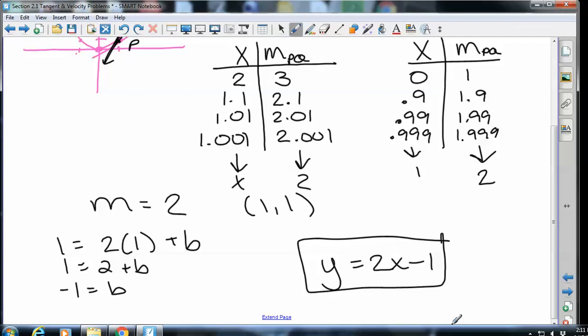That appears to be the equation of my tangent line at the point 1, 1. Okay? All of that work was to estimate our slope so we could write the equation of our tangent line. What questions do you have?